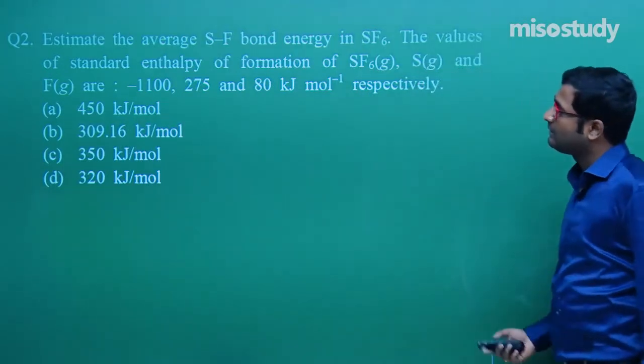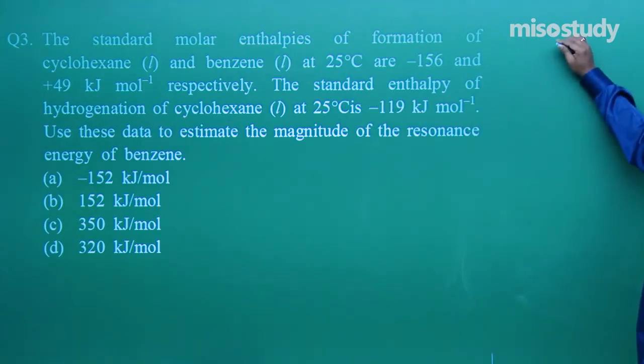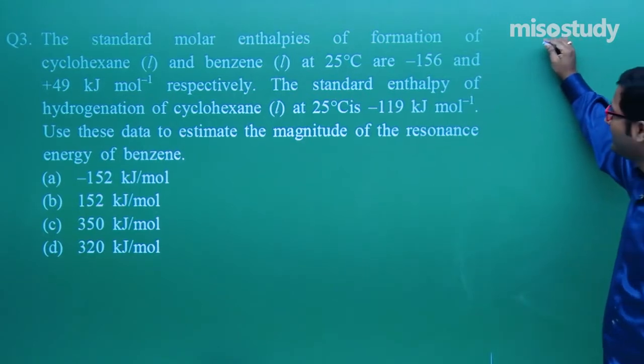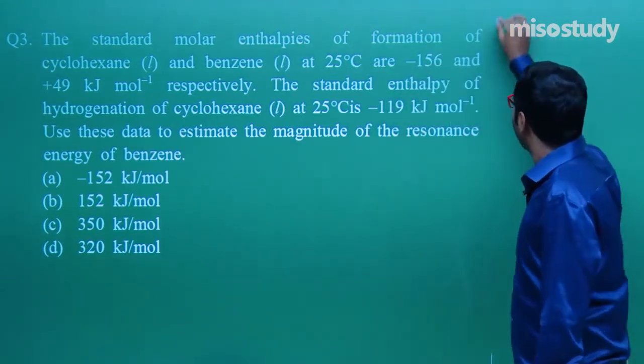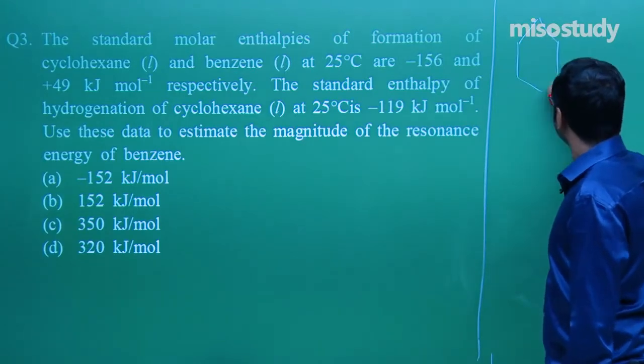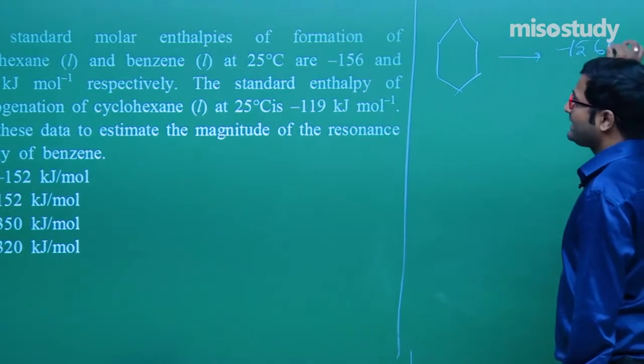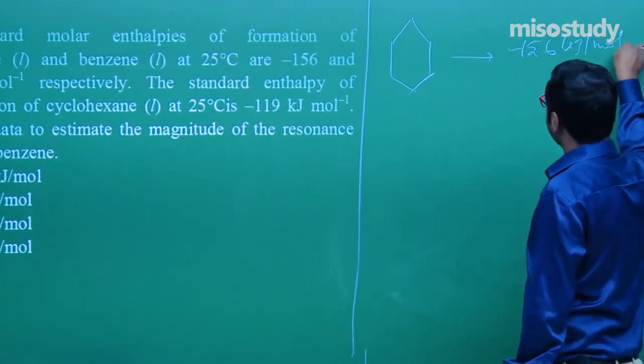Now, let's move to question number 3. The standard molar enthalpies of formation of cyclohexane and benzene. For cyclohexane, the standard enthalpy given is minus 156 kilojoule per mole.